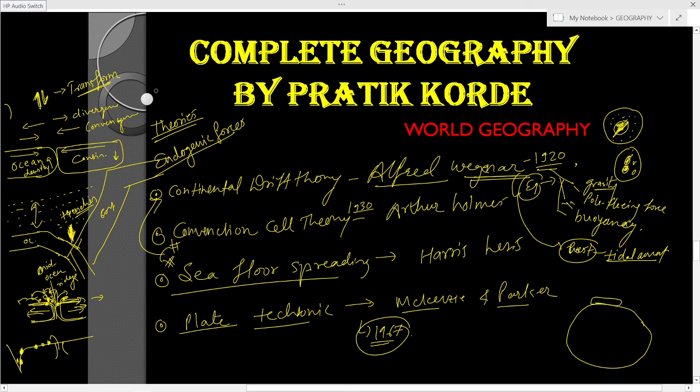Earth's crust is basically broken into these types of plates. Some are major plates, some are minor plates. Okay. And these are basically floating over the Earth's crust. Okay, these are the crust which is floating.